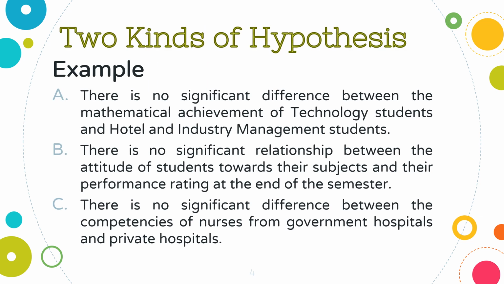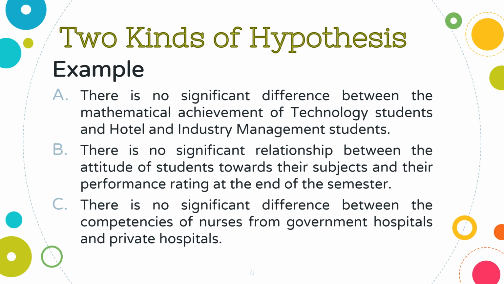Let's have an example. As you can see, the three examples here, the first three words that are used out of the null hypothesis are "there is no." Which means there is no relationship or differences out of the variable.